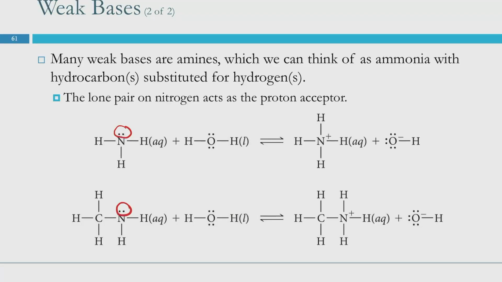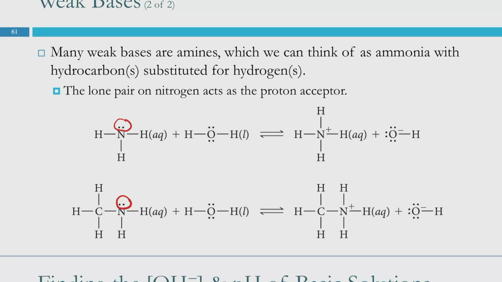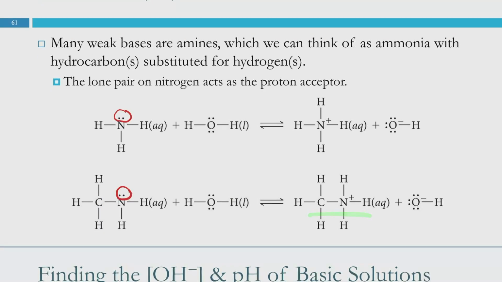And lone pairs are like little lassos that they can throw out and catch hydrogen off of a water molecule and temporarily requisition that water molecule's hydrogen for its own use. So we've got ammonia up top. It can become ammonium. We've got methylamine because it's got one carbon attached to it. That would make it a methyl group, like methane. And that can form a conjugate acid.